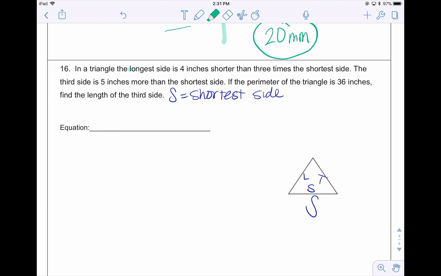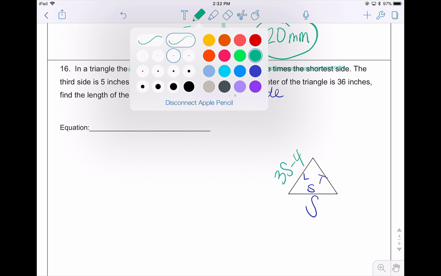I know that the longest is 4 shorter than 3 times the shortest. So 3 times the shortest, shorter than means minus, and 4. So my longest is 3S minus 4.